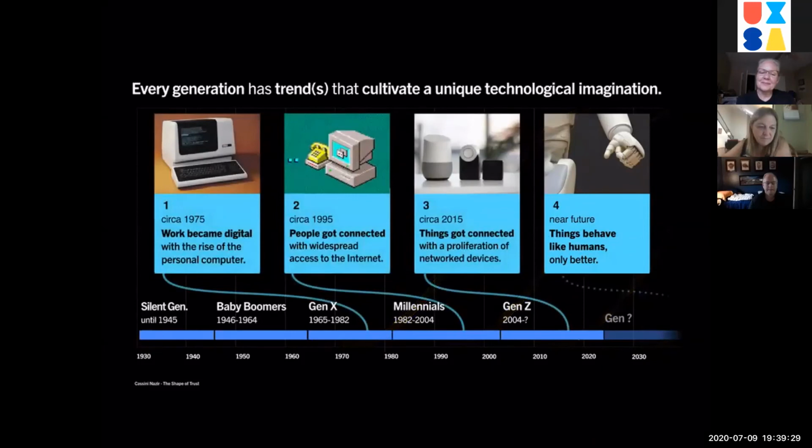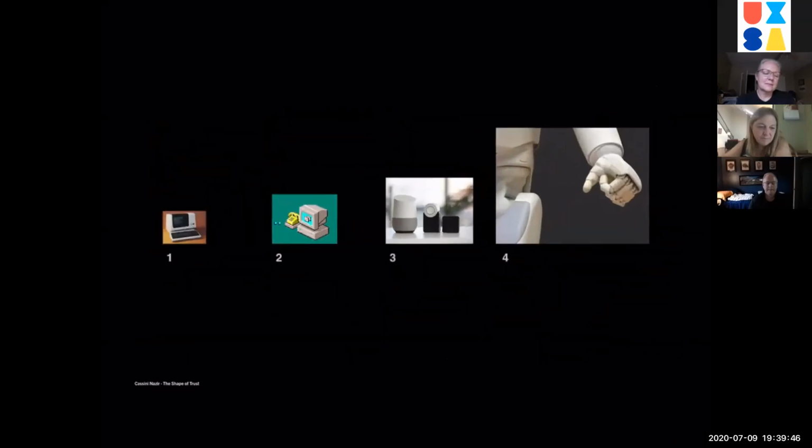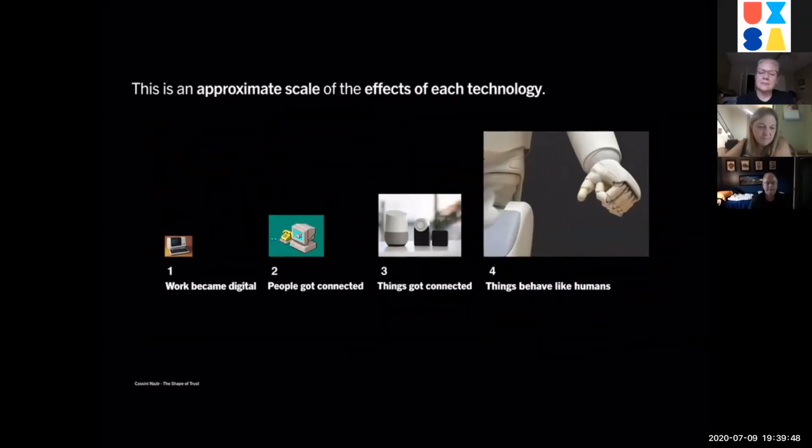They won't necessarily throw temper tantrums. And I'm not a techno-positivist in that statement. But the scale of each of these effects of technology indicates that they're the same, and they're not. They're actually increasingly outsized.